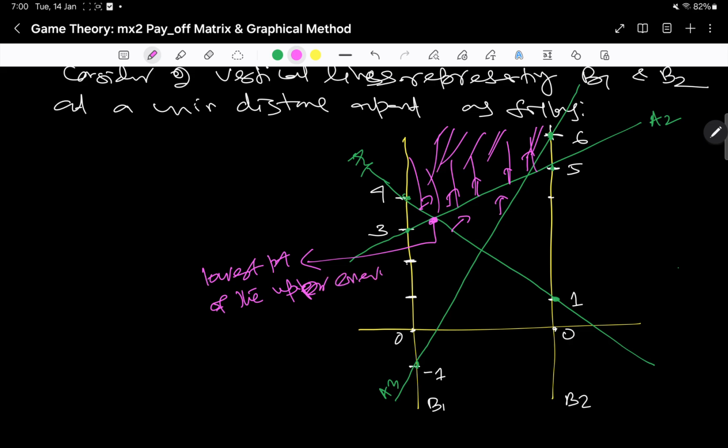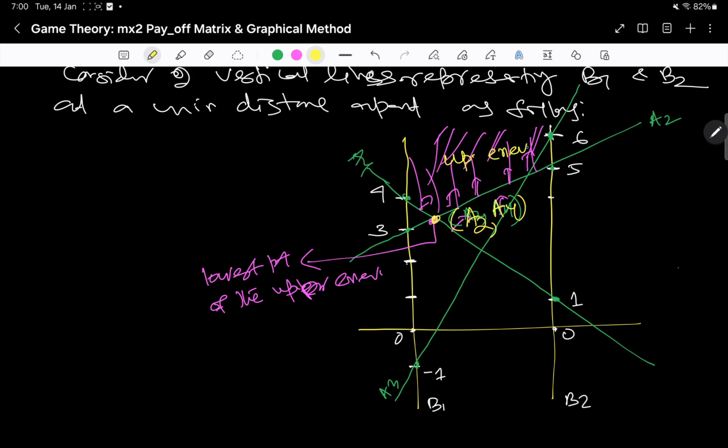This point is the intersection point of A2 and A4. So this is my A2, A4 point. Now this is my upper envelope.